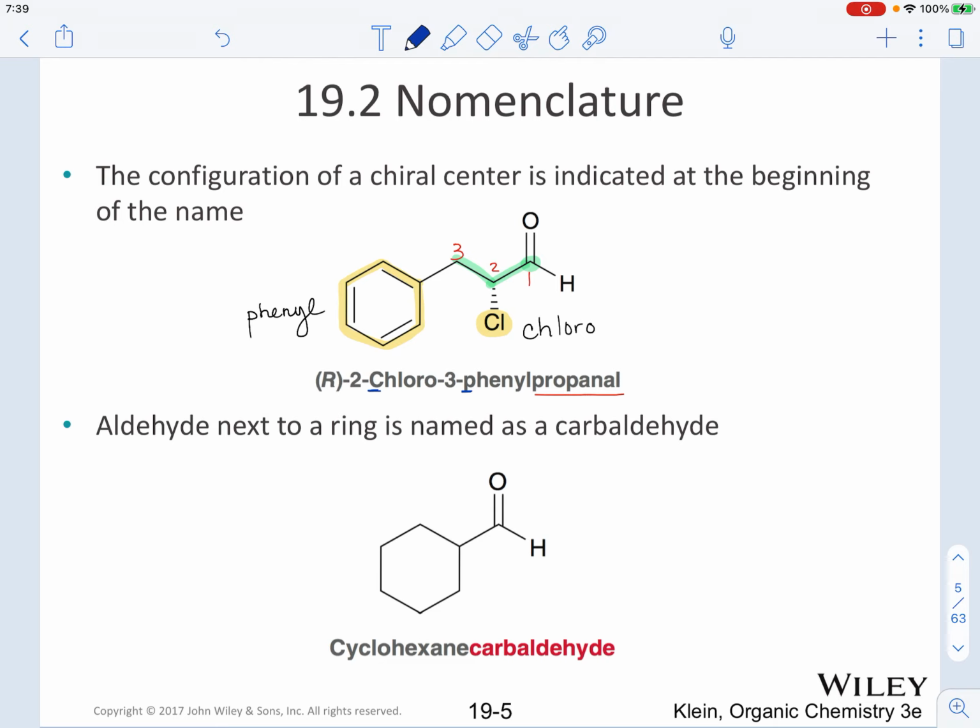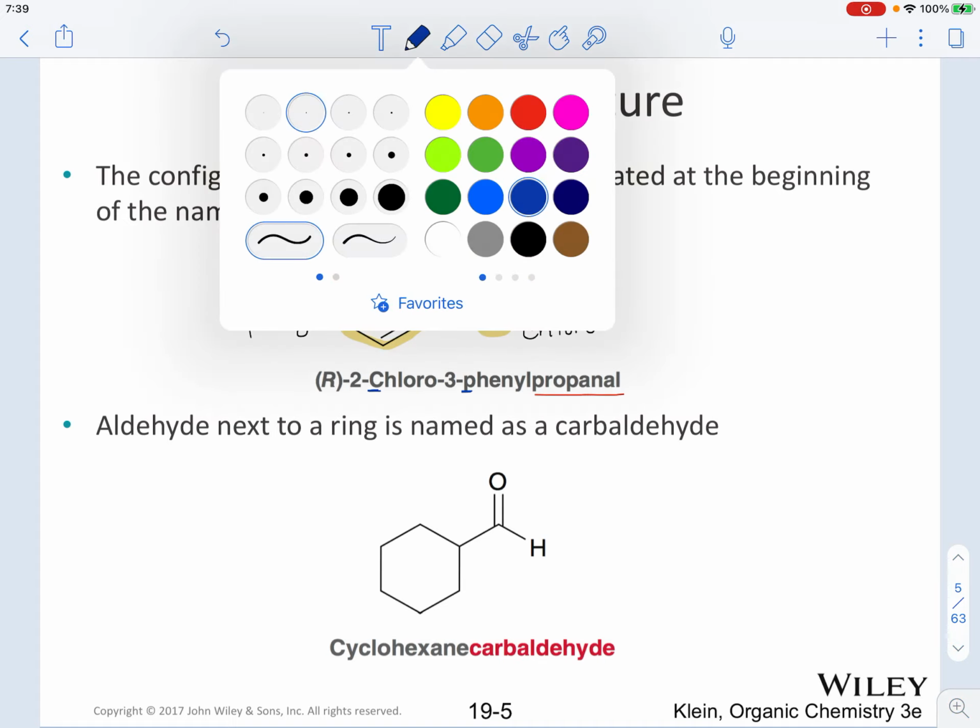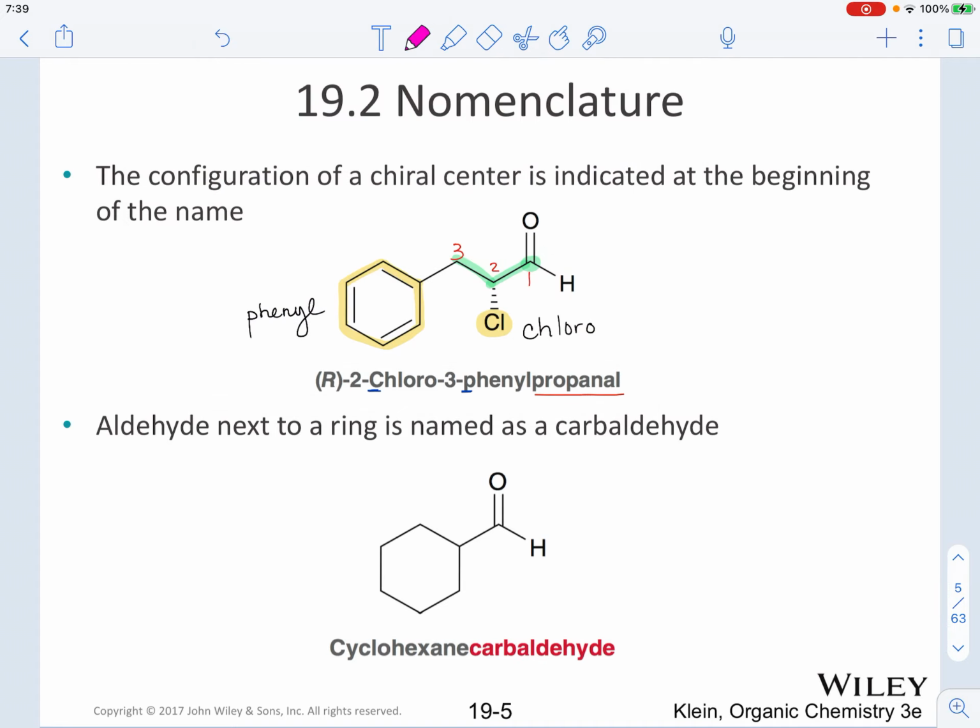Now, understand that if we have an aldehyde motif, specifically a C double bond O bonded to hydrogen, which represents the aldehyde, but that is right next to a ring system, that is known as a carbaldehyde.